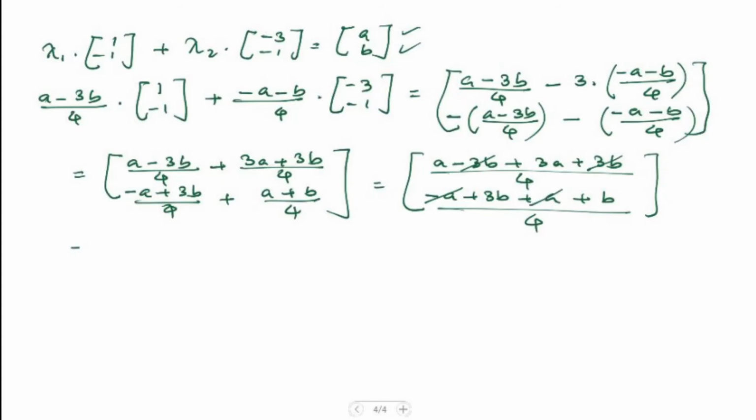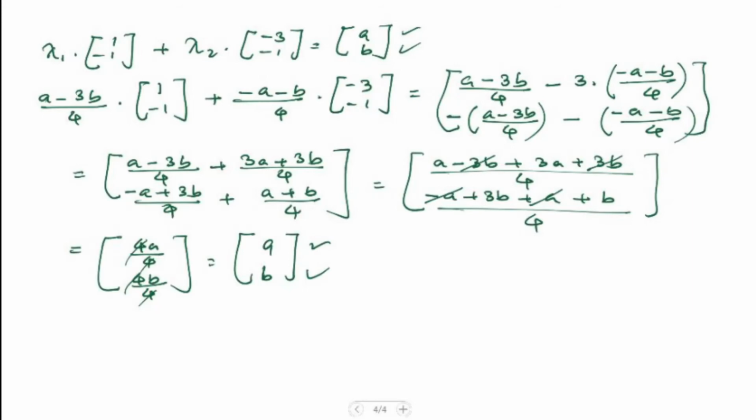So now simplified, the values will be a plus 3a, which we can write as 4a divided by 4, and down we have 3b plus b, which is 4b divided by 4. So 4 and 4 will cancel, and that will be equal to a and b. So that's checked, that when you put in the lambda values that we just got, we get a and b as general again.